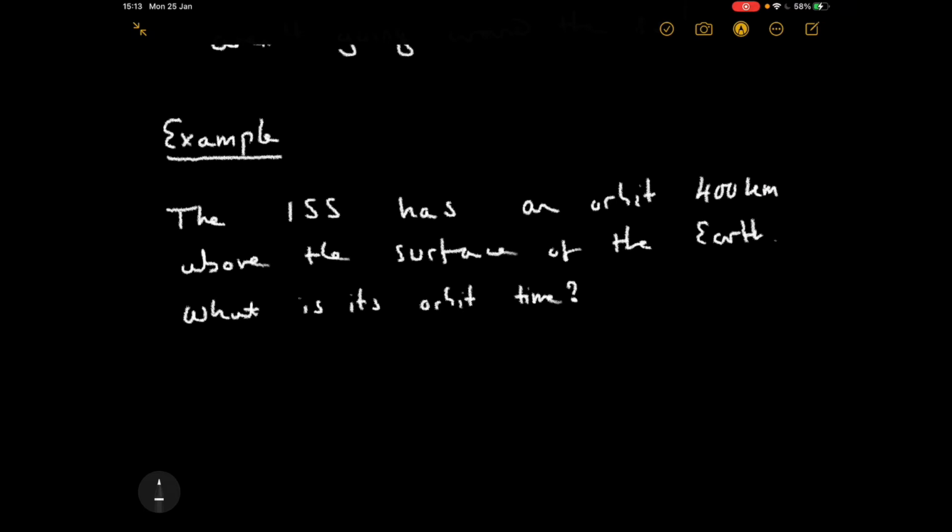It's important to recognize that when they say it's above the surface of the Earth, it's a distance that you have to add to the radius of the Earth. The information you would need for this is that the radius of the Earth is 6,400 kilometers, and the mass of the Earth is 6 times 10 to the 24 kilograms.